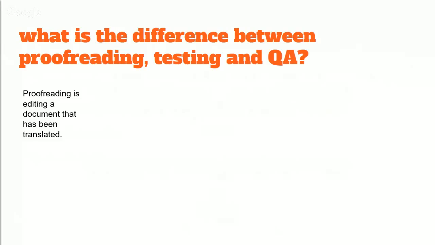We've even done it in Adobe by adding comments. But basically, when you're asked to do proofreading, or sometimes it's called editing, the assumption is that you will be updating the text directly.